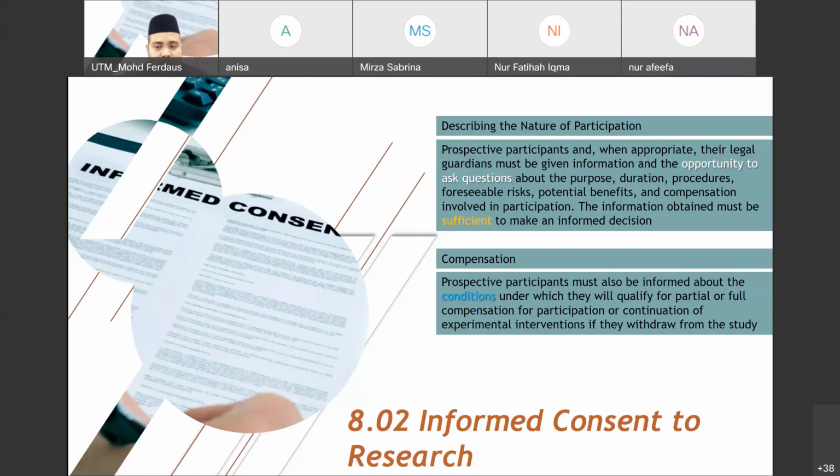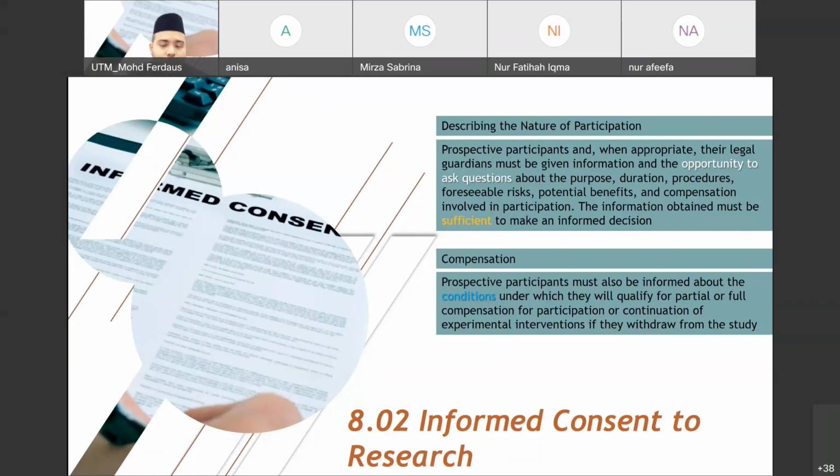Okay, prospective participants must also be informed about the conditions under which they will qualify for partial or full compensation for participation or continuation of experimental intervention if they withdraw from the study. Okay, so we need to inform them what the requirements are.